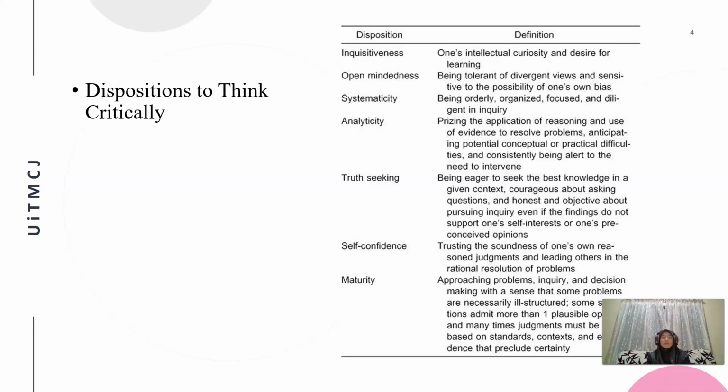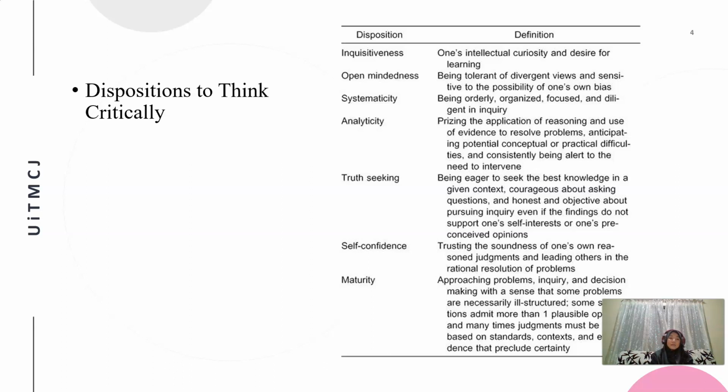Thinking critically is also about truth seeking. You want to find the truth, from the best knowledge and the best context, asking questions honestly and objectively while pursuing inquiry. Then we have self-confidence, which is about trust in your judgment. You need to be very confident about your opinion and your solution.